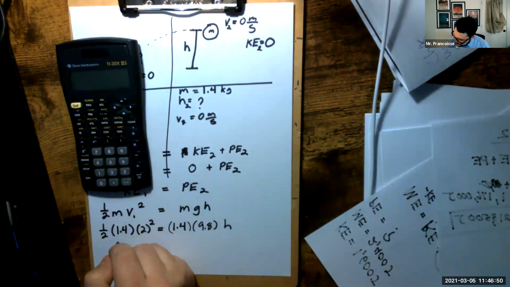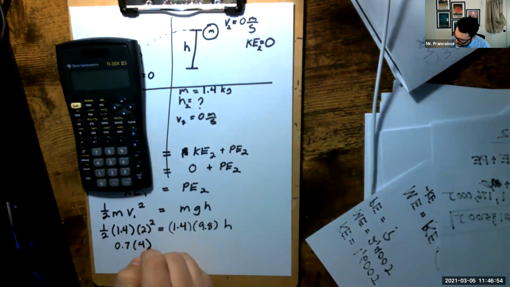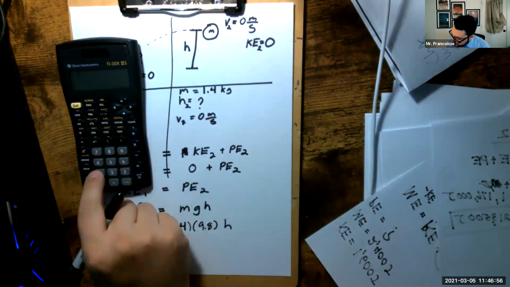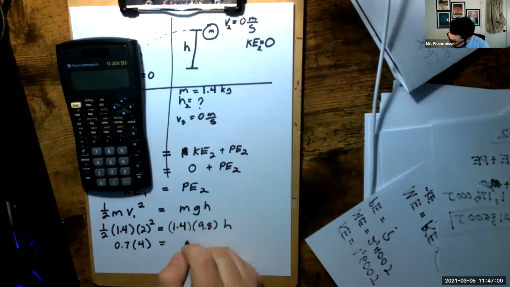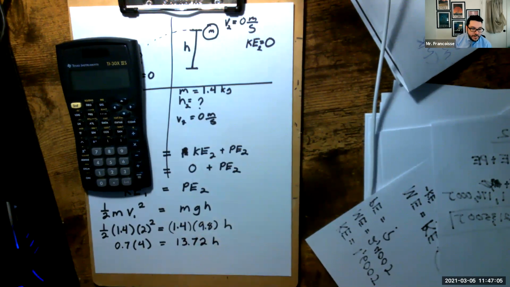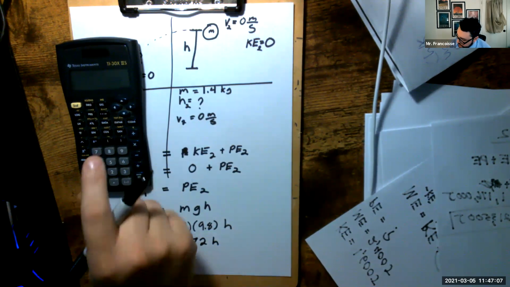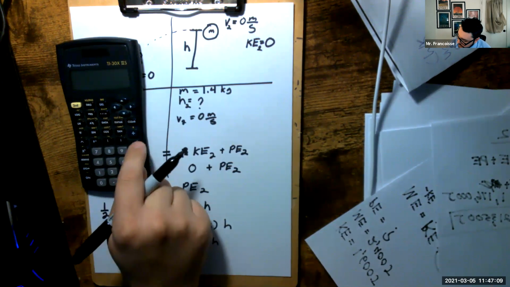So 1/2 times 0.4 gives us 0.2 times 4, which is equal to 0.4 times 9.8, which is 3.92 times h. And then we can just kind of do the math from here.